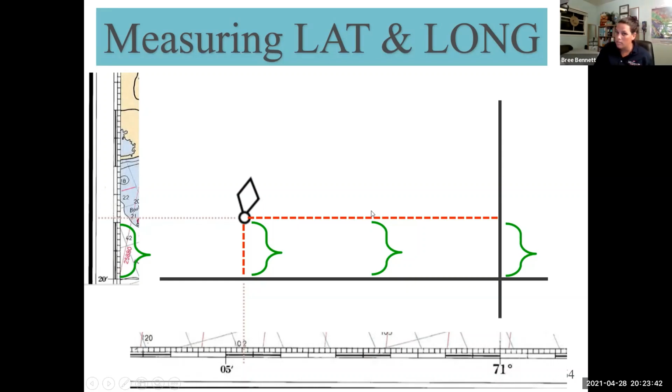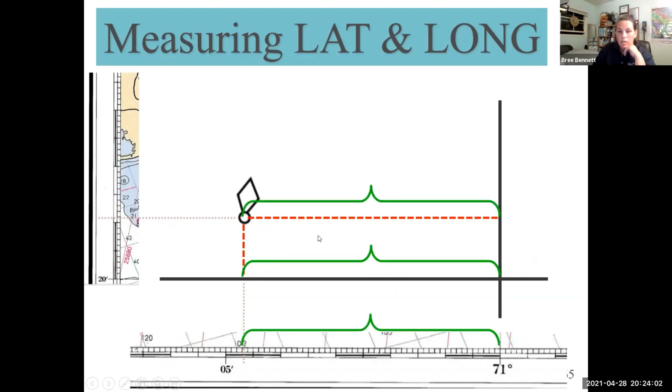We are drawing this parallel, perpendicular line, and anywhere along that line, it's going to be the same. So you don't have to draw a latitude or longitude line all the way across the chart. We're only drawing it to the nearest bold line.